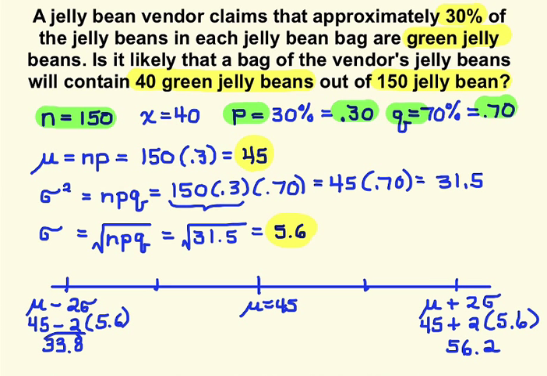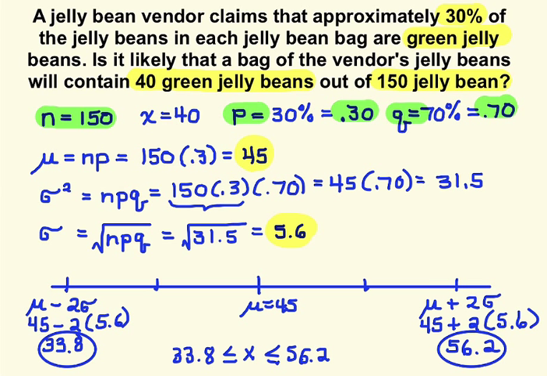So I would expect the number of green jelly beans to fall somewhere between 33.8 and 56.2. And in this particular case, the number of jelly beans I have, let's circle them up here, is 40. And sure enough, my 40 jelly beans fall somewhere in here.